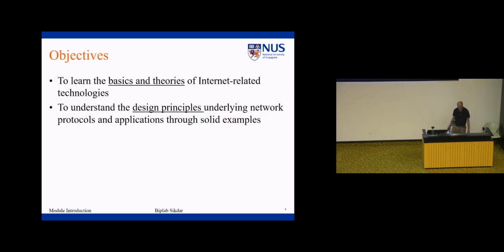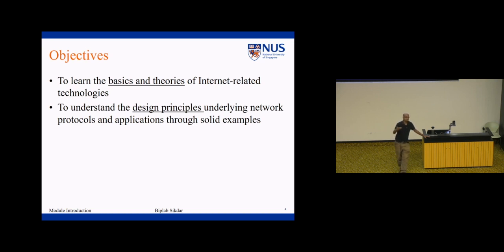Okay, and then the main objective here is that you want to learn the basics of computer networks, right? So you want to learn the fundamentals, what are the basic principles, and of course we will learn real-life protocols, but the objective really is to try and understand why those protocols were designed in the way they were. What are the design choices?